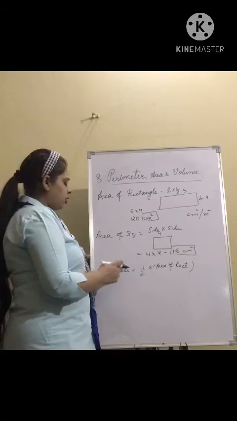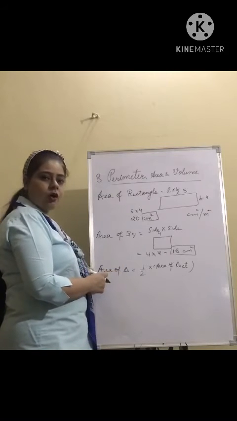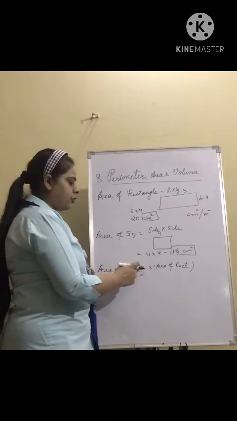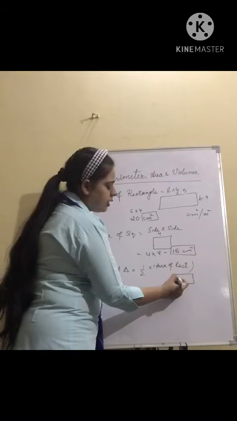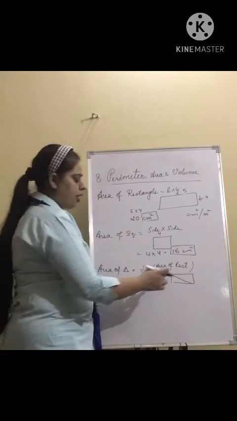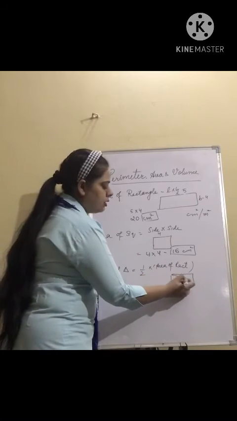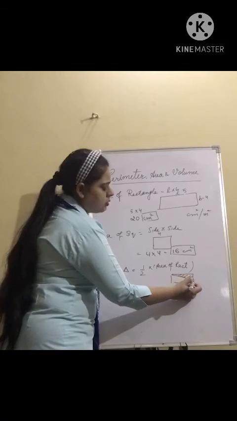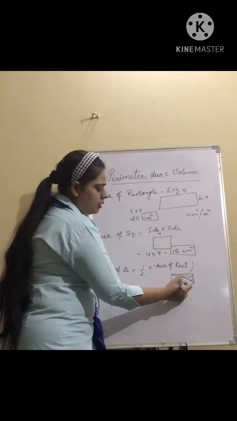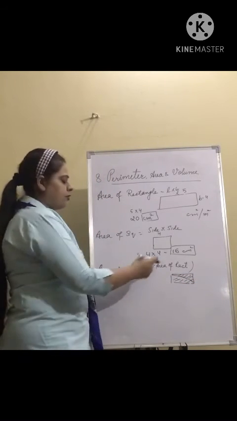Yes. Now third formula is area of triangle. Half into area of rectangle. Why we are doing half? Because triangle is half of rectangle. When we cut the rectangle in half, this forms a triangle. This is a triangle. This is the second triangle. Yes. So what will be the formula?